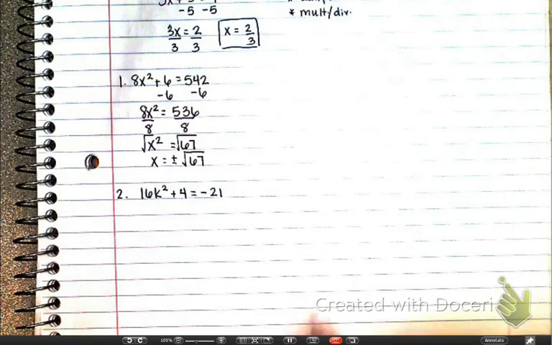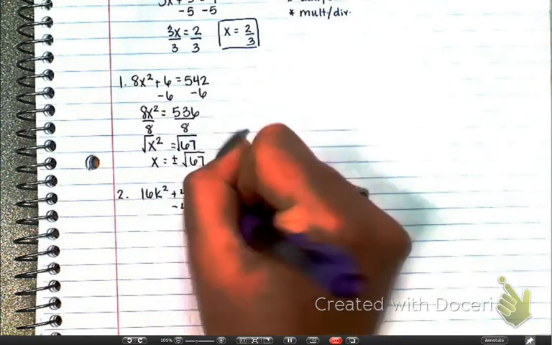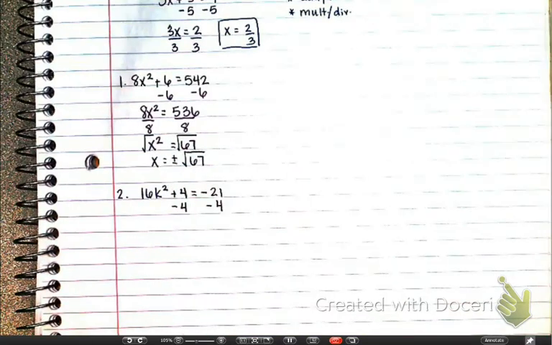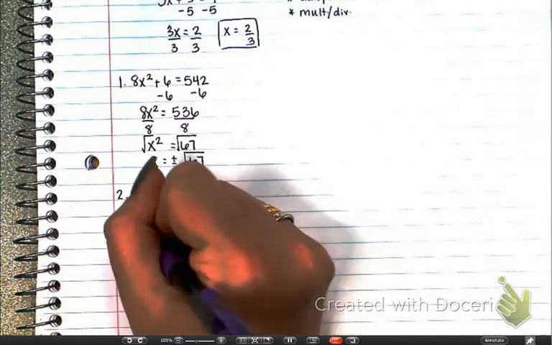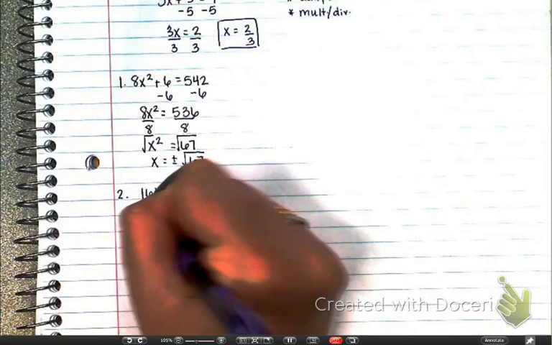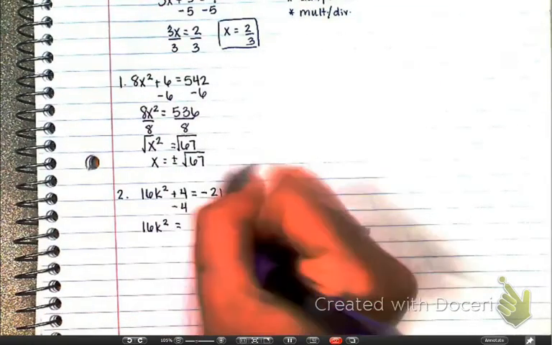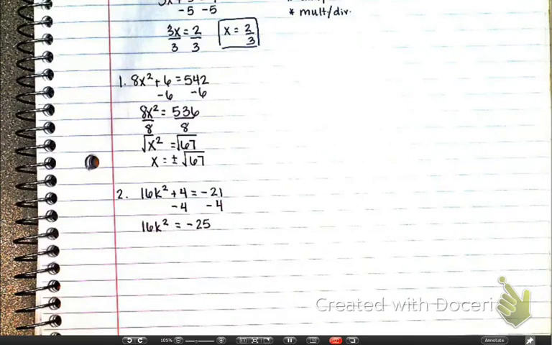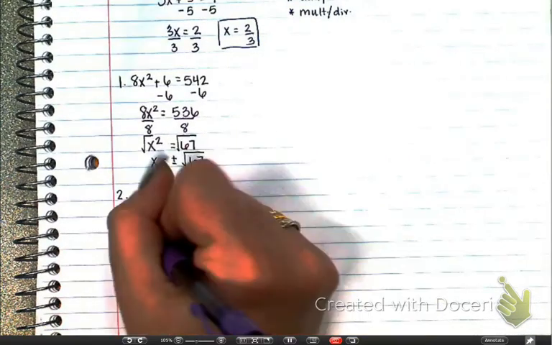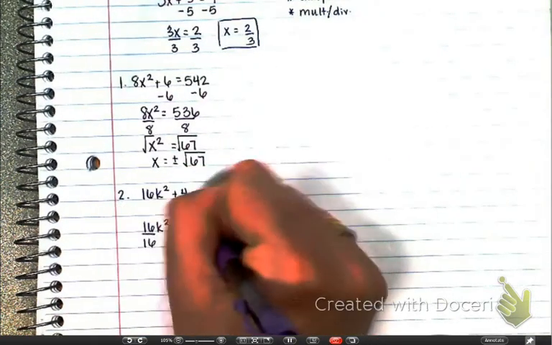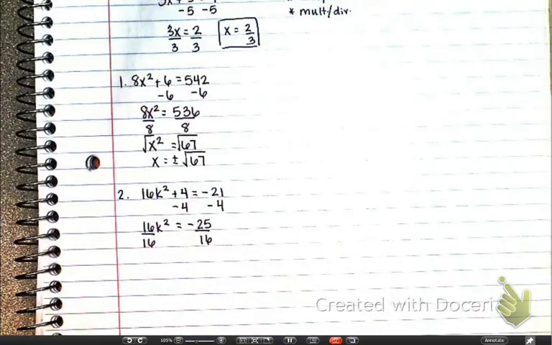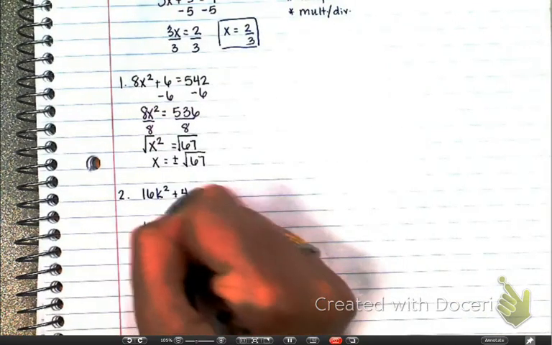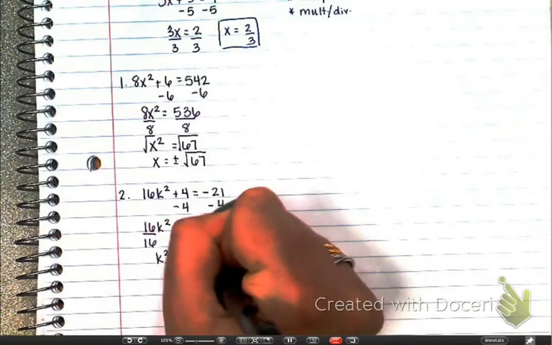Addition, subtraction first. So I'm going to start by subtracting 4 from both sides. So 16k squared equals negative 25. Divide by 16. So I have k squared equals negative 25 over 16.